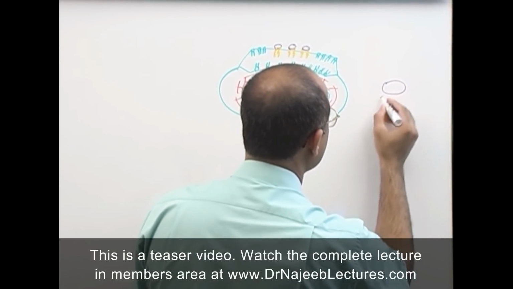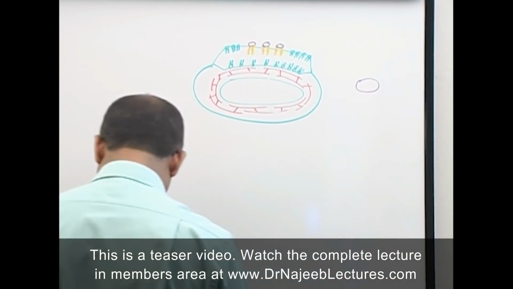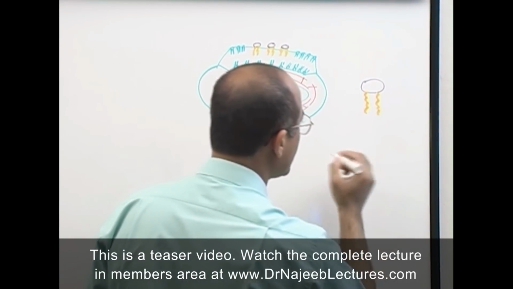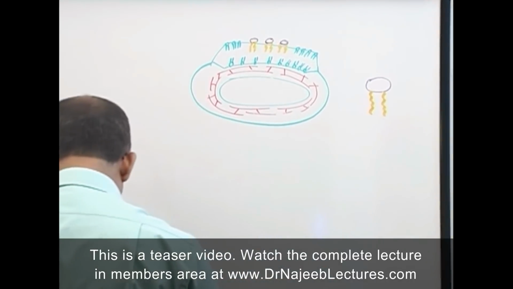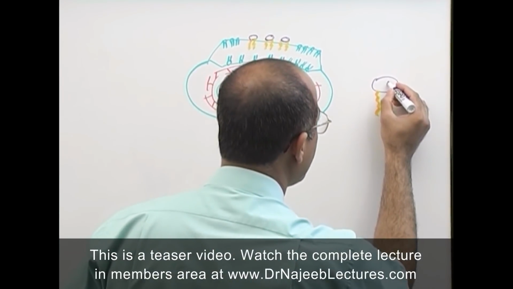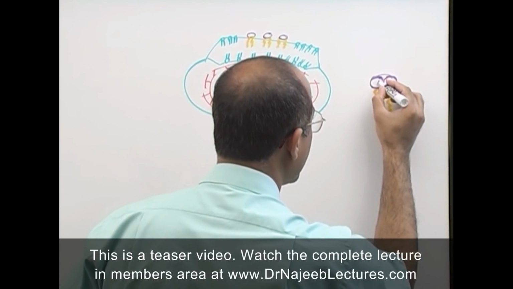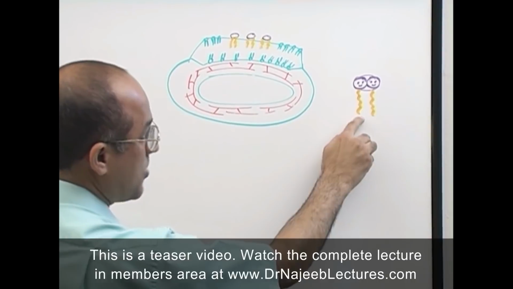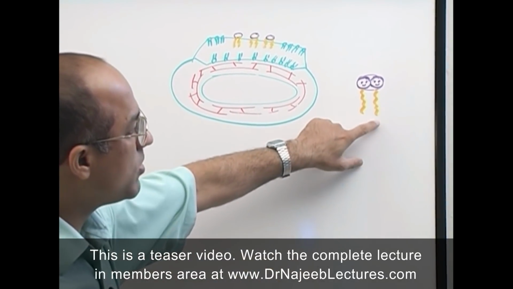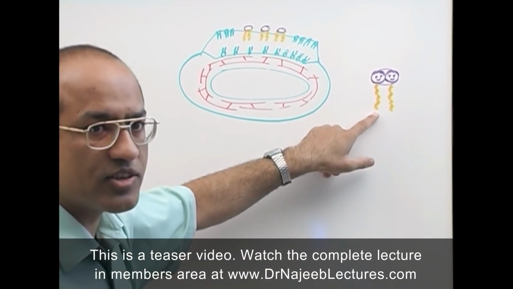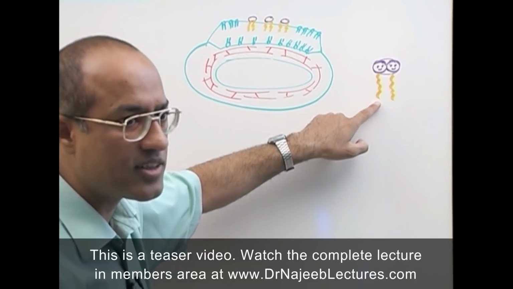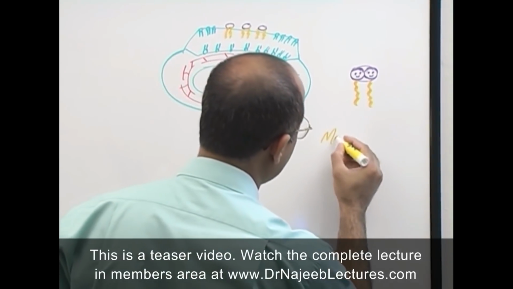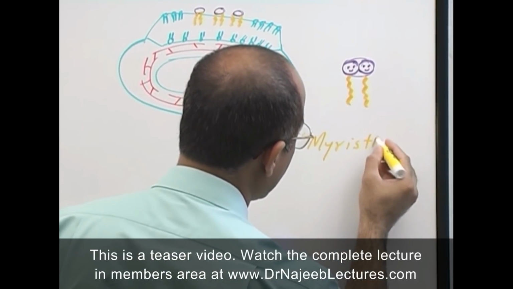Let's suppose this, and with this, these are the fatty acids, and together they are called lipid A. This is disaccharide, right? Lipid A. And remember, out of these fatty acid, one of the fatty acid is always myristic acid.